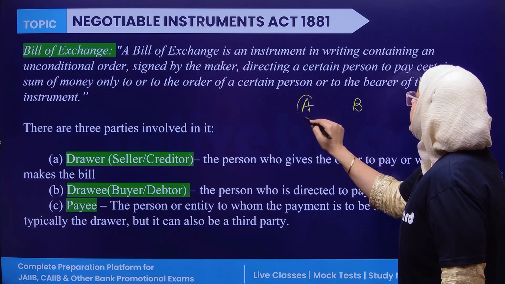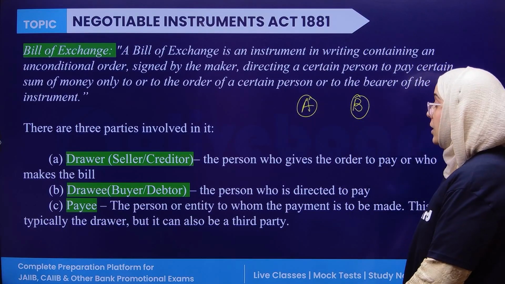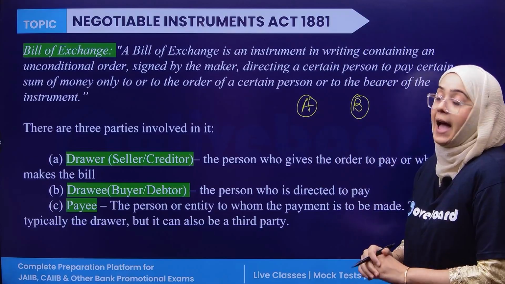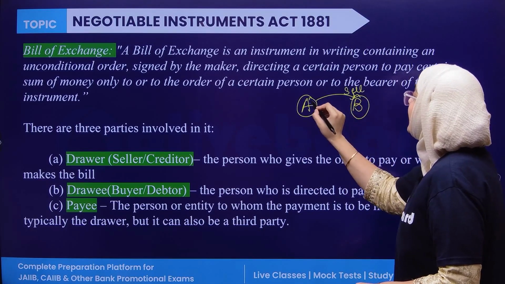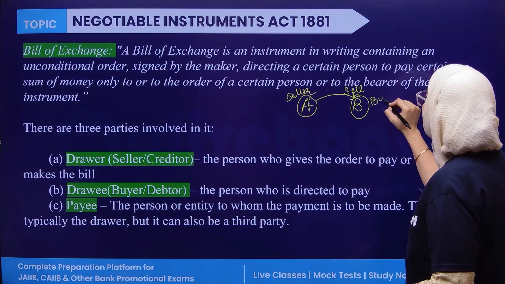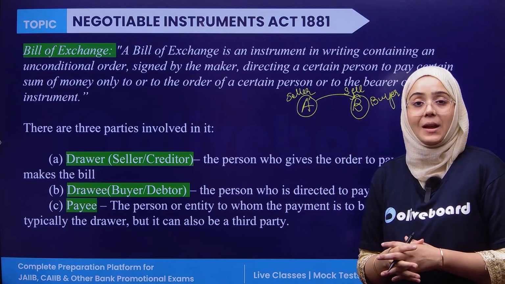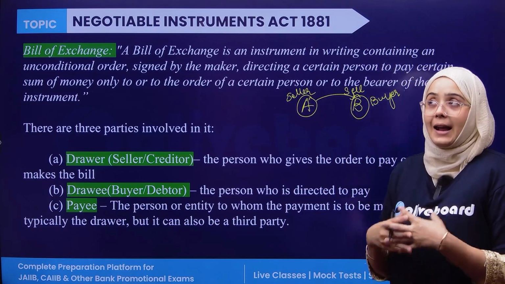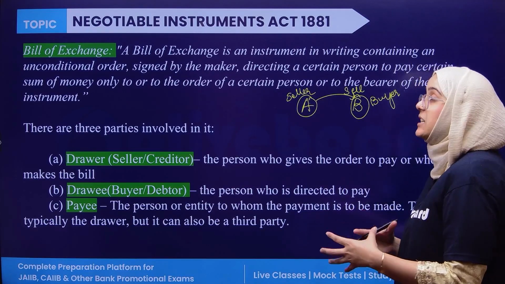So there is A and there is B. Now A has sold some goods to B. So A is a seller and B has received some goods, so B is a buyer. A sold the goods to B, but not in exchange for immediate payment.